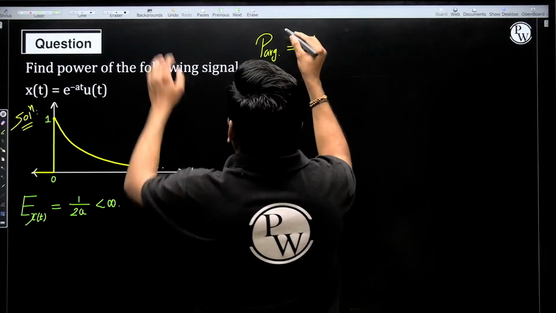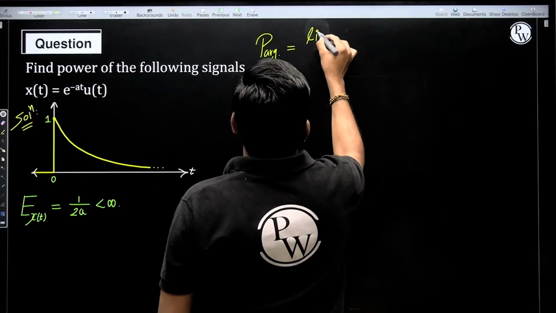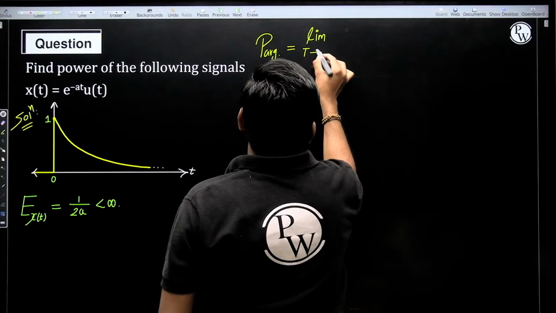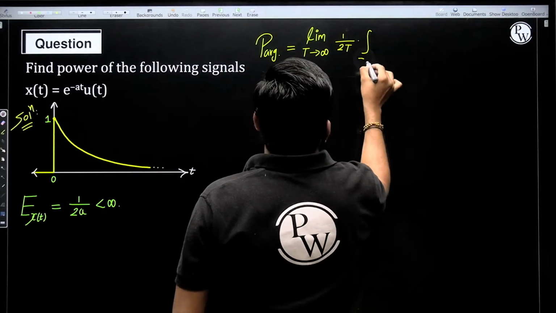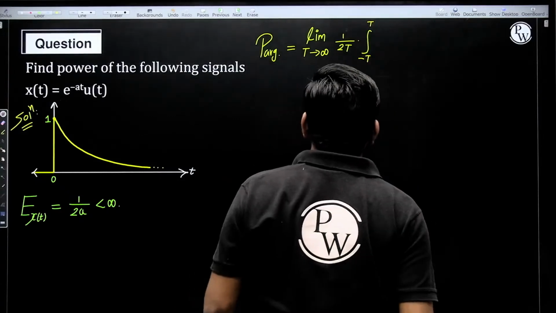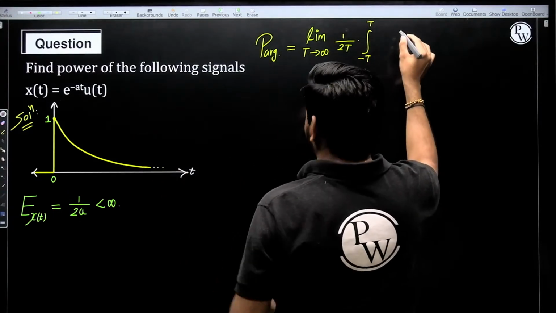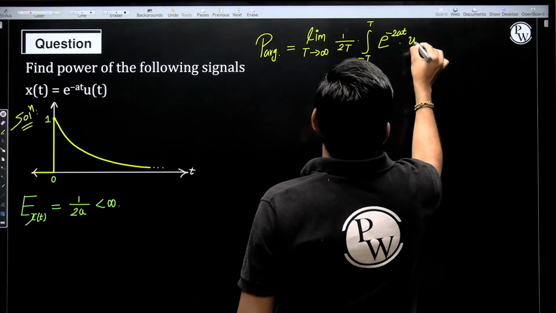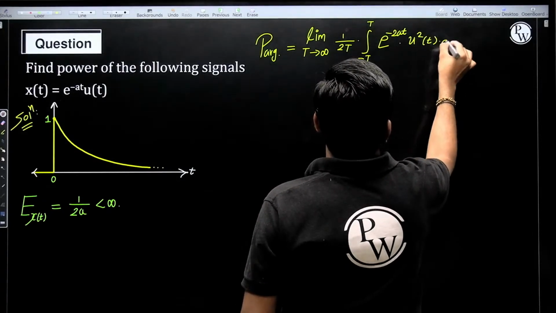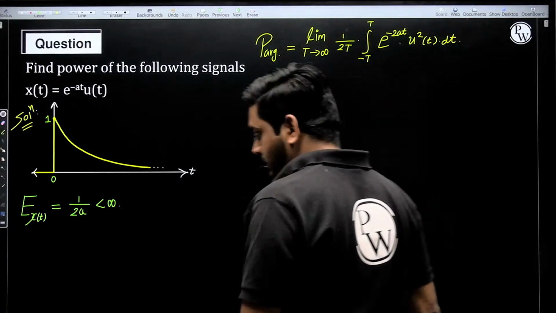That's why limit T tends to infinity 1 by 2T integration from minus T to plus T. Square of this function, so e to the power minus 2at, and this is u square of t dt.